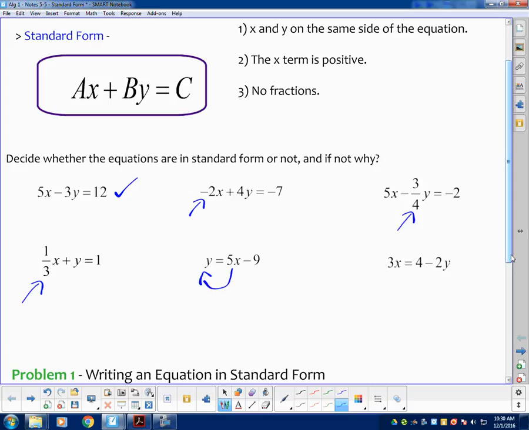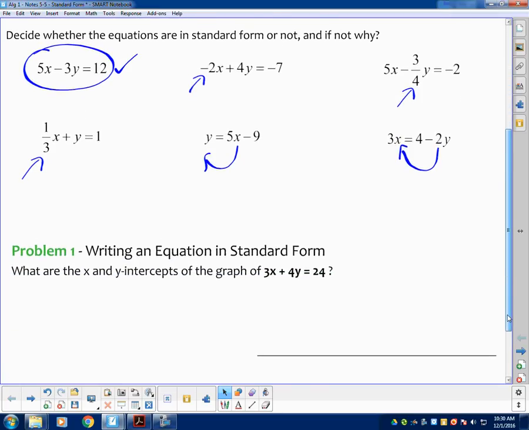Actually, it would be negative if I moved it over there, but then divide by negative 1. We could put it in standard form, but as is, it is not in standard form because this is not on the same side as the y. Same thing's happening here as well. We would need to move this 2y term over to the left side to put that in standard form. So the only one that's in standard form is this first one right here, according to the rules written up above.